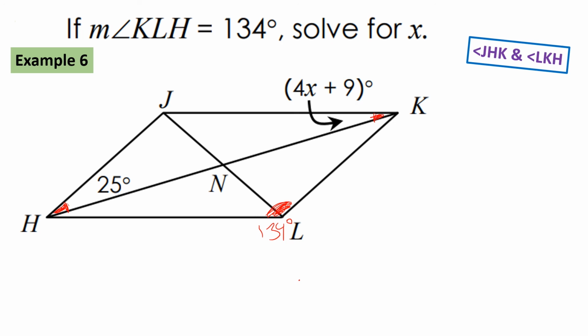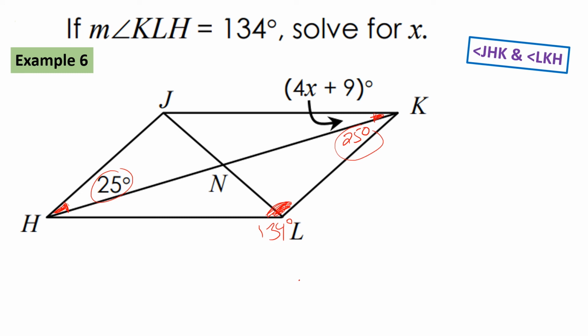And so what I could do, I could set up an equation, but before I do that, I could see that LKH is actually 25 degrees as well, because these 2 angles are alternate interior angles, because HK would be considered a transversal because it is intersecting JK and HL. So these are alternate interior angles here and here, so they are congruent.